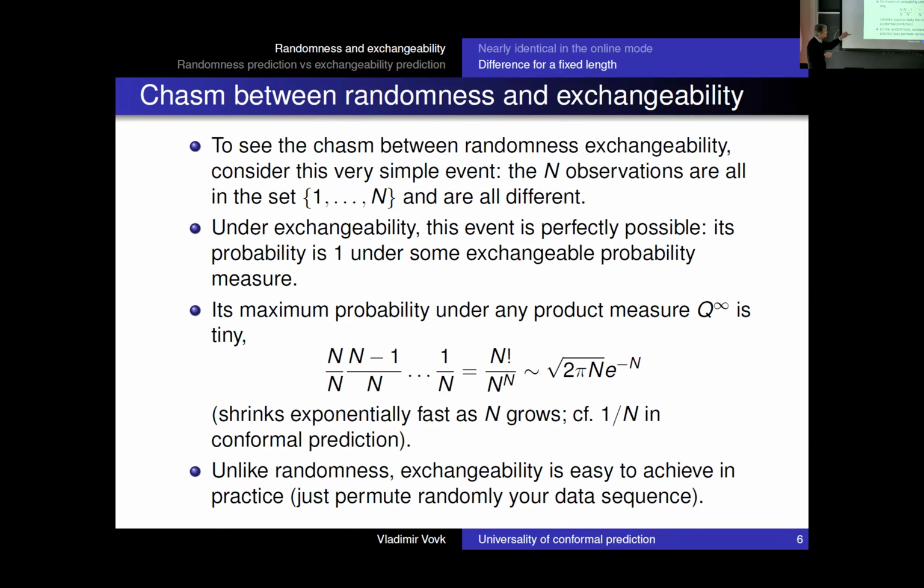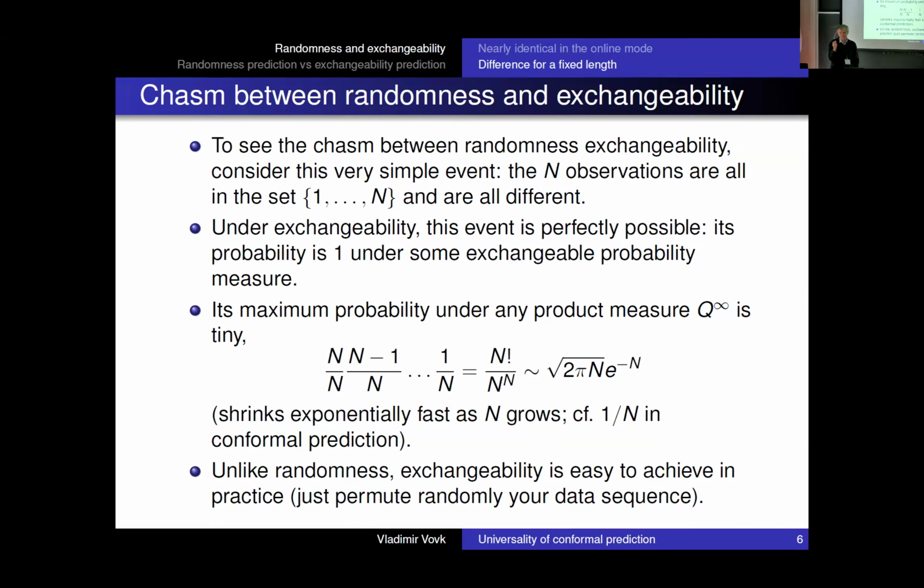And there is a very simple set, like you take observations in the set of numbers from 1 to n, and suppose you get all different observations of length n. So there are no repetitions. If you take a random sequence in this set, it will be exchangeable.